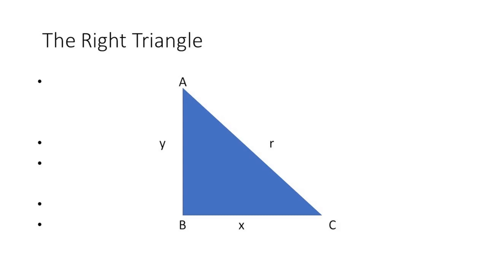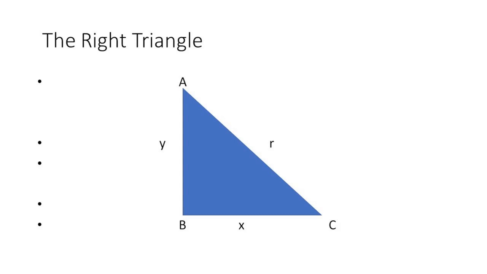And if we are after the indicated acute angle C, the opposite side will be Y because this side is opposite this angle. The adjacent side will be X because this side is adjacent or near to angle C, and this is the hypotenuse.